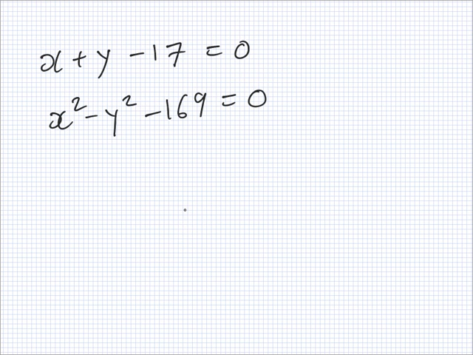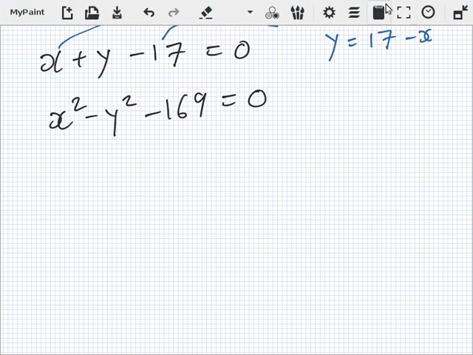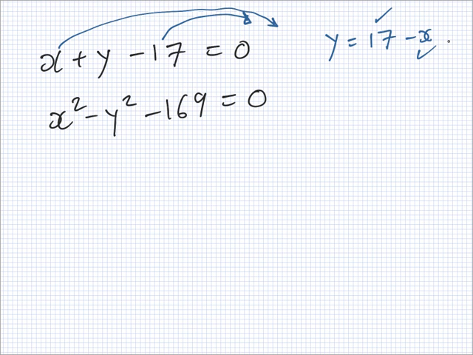So what should I move here? I should move the 17 and the x. If I move them over to the right, I'm left with y equals 17 minus x, because the 17 comes over, there it is, and the x comes over, there it is. Is that okay? Then you can tell me what to do next.